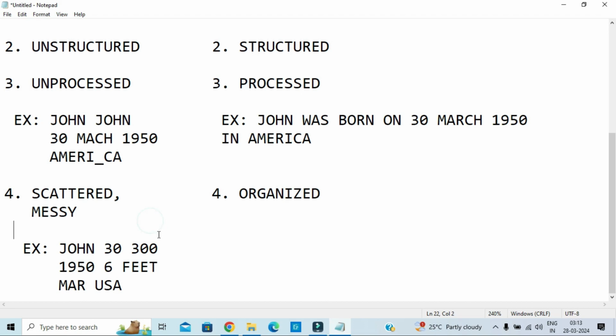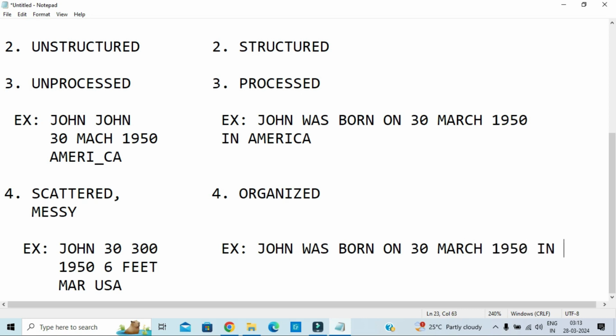John was born on 30 March 1950 in USA, and his height is 6 feet.